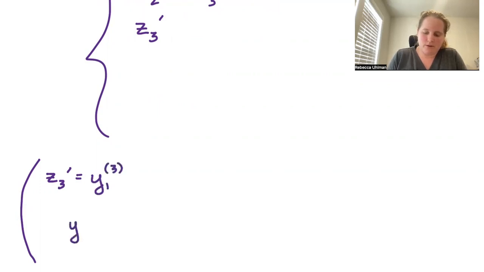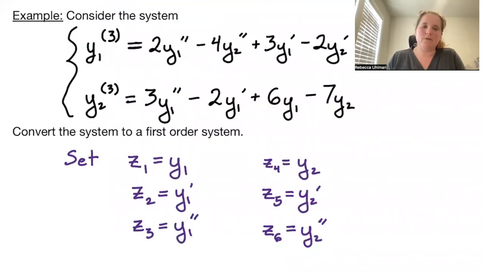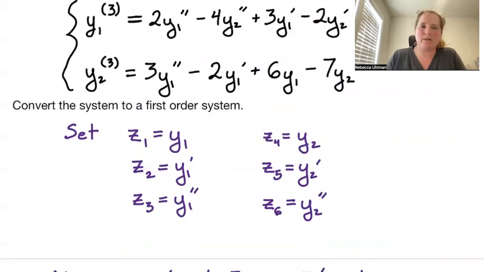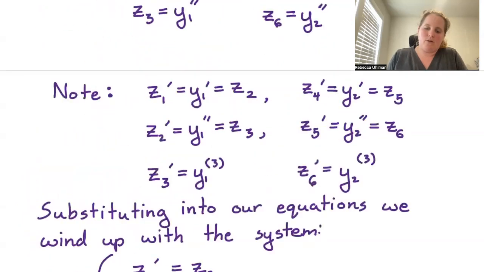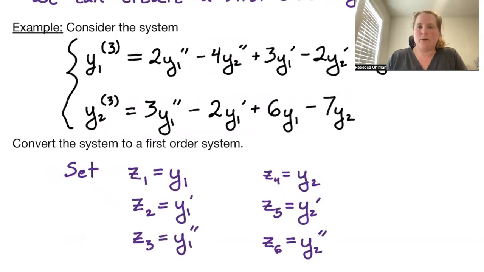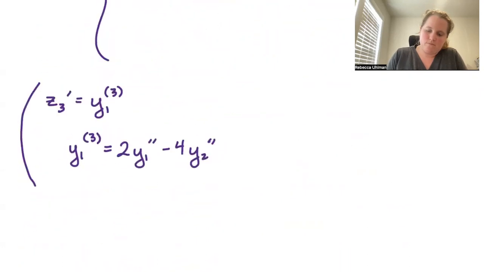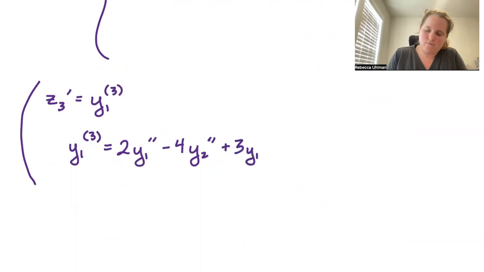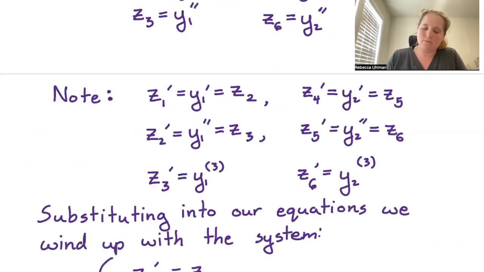Right? And we had the equation: third derivative of y1 was equal to 2y1 double prime minus 4y2 double prime, plus 3y1 prime minus 2y2 prime, plus 5y1 plus y2.